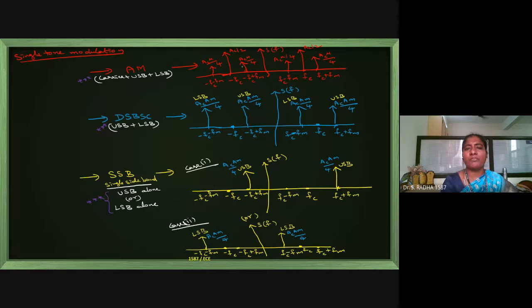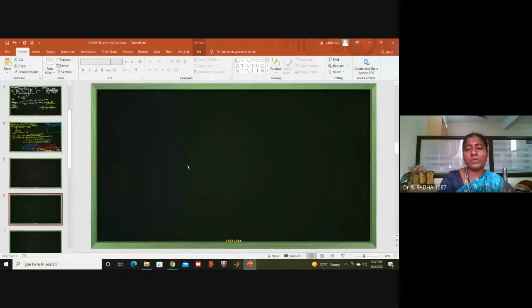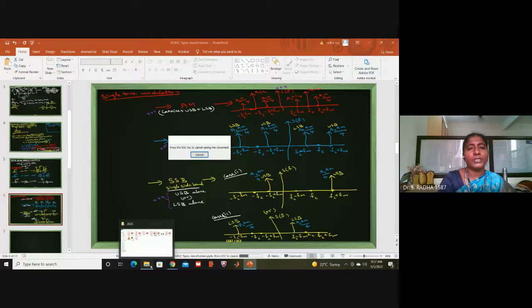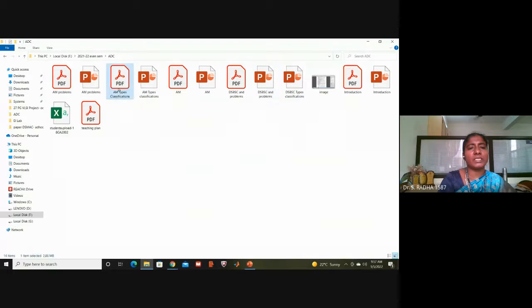If you remember the first picture, the AM S of f picture, then accordingly you can delete whichever components are absent in DSBSC as well as SSB. So this is about single sideband modulation.